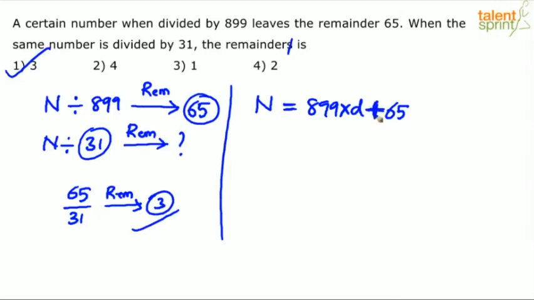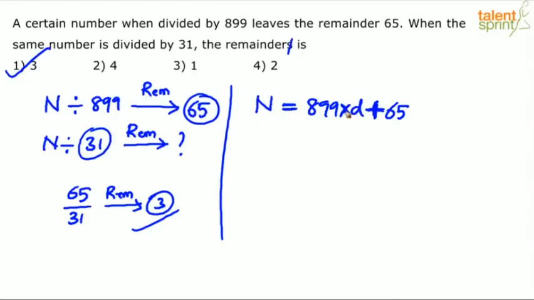Any number n, or the dividend n, can be taken as the divisor multiplied by the quotient plus the remainder. So 899 into d plus 65. 65 is the remainder there.